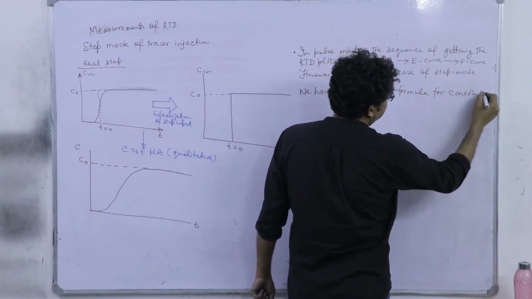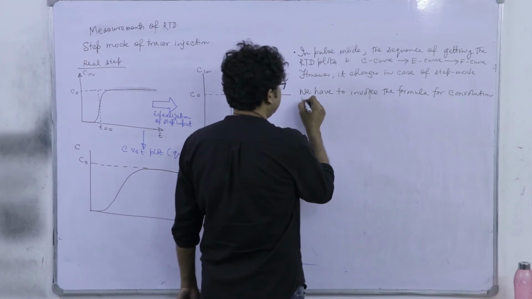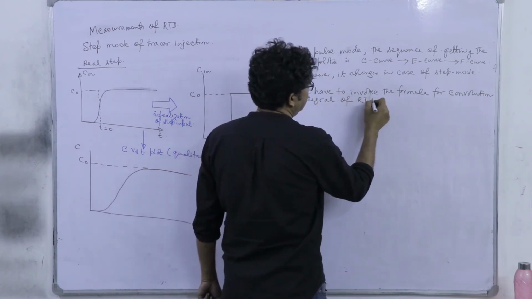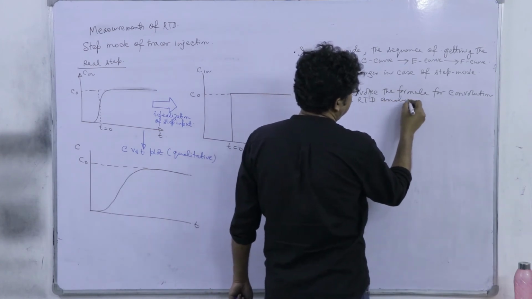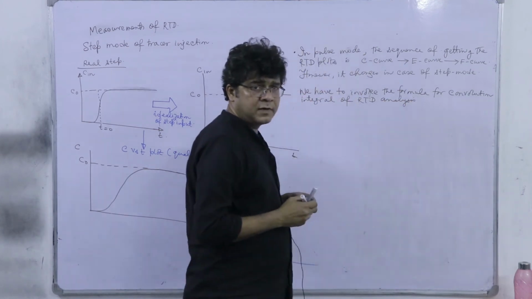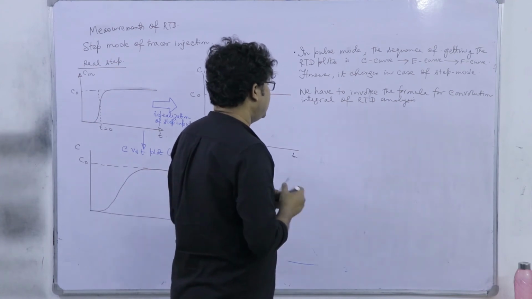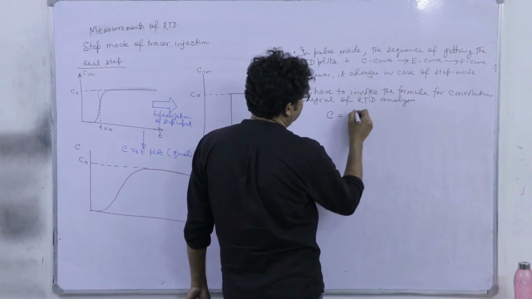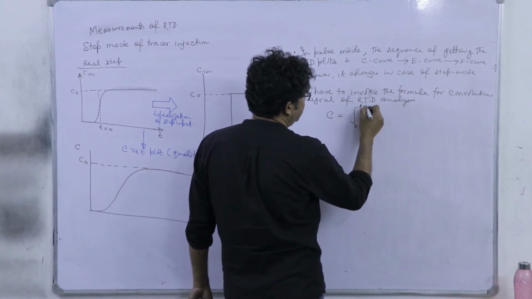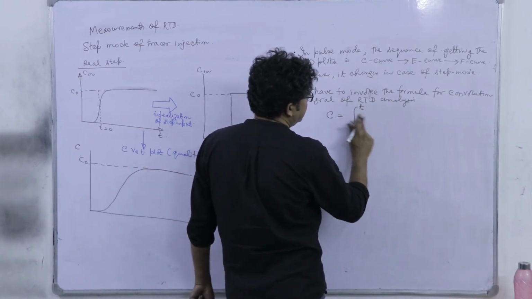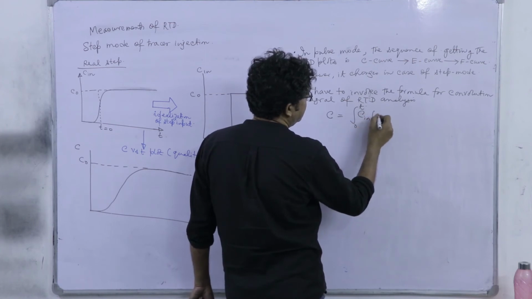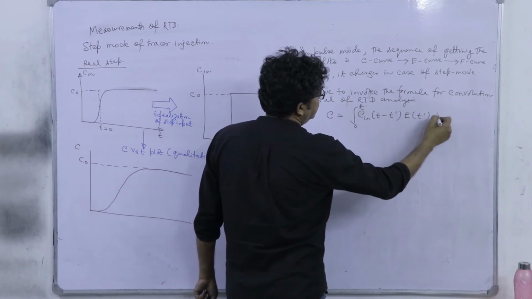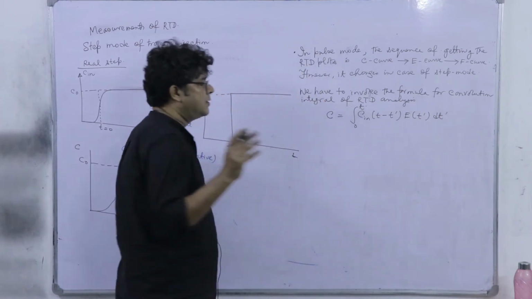This is proved in the book of Levenspiel, but I am not proving it. See what it states, that C out is equal to the integral from 0 to t of C in (t minus t prime) E(t prime) dt prime, right, that will be the C.